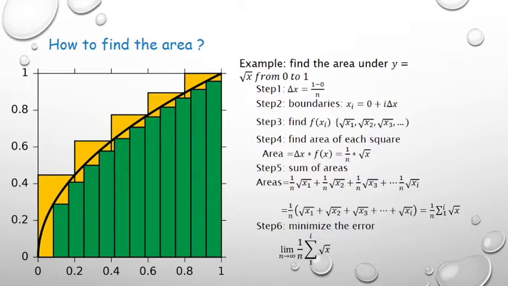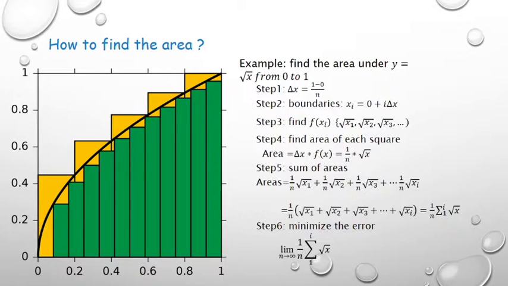Because the area of a rectangle is the length of its base times the length of its height, the area for one rectangle under this function will equal delta x times f of xi. And we know from earlier that delta x equals 1 over n, and f of xi equals root of xi. Therefore, the area will equal 1 over n times root of xi.